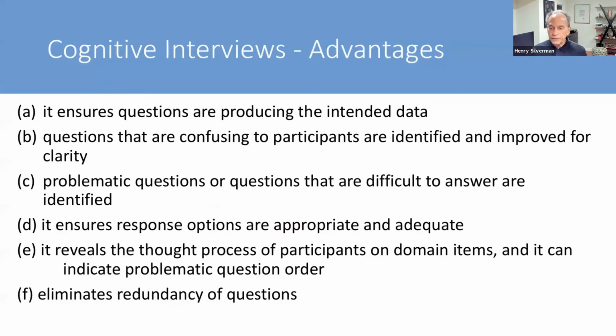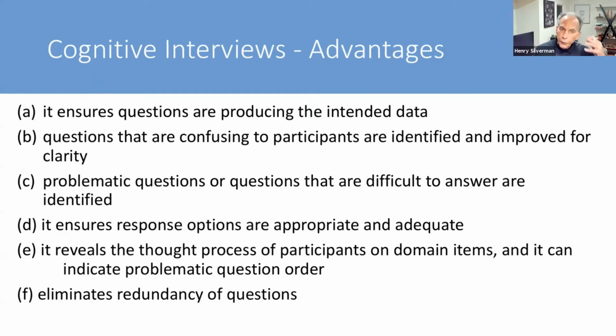Advantages of cognitive interviews. Again, it ensures that questions are producing the intended data. Questions that are confusing to participants are identified and improved for clarity. Problematic questions or questions that are difficult to answer are identified. It ensures response options are appropriate and adequate.